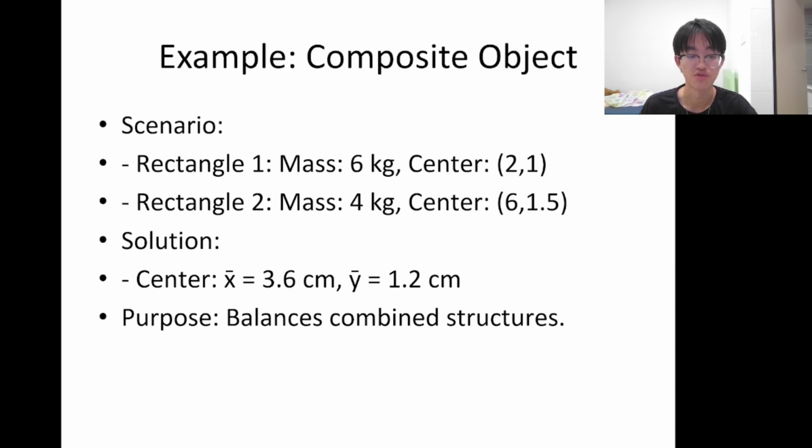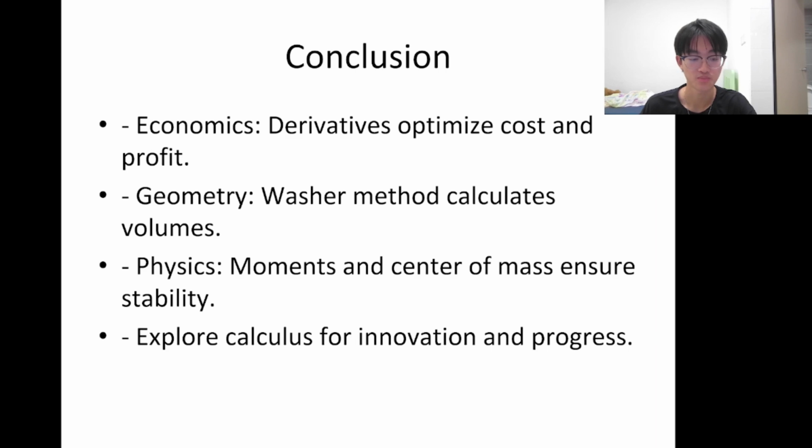So we can use the formula to calculate the total mass, which is 10, and the center of mass is at (3.6, 1.2). It is useful in designing composite structures to ensure overall balance and stability, and facilitates accurate placement of supports and balance points in engineering applications.